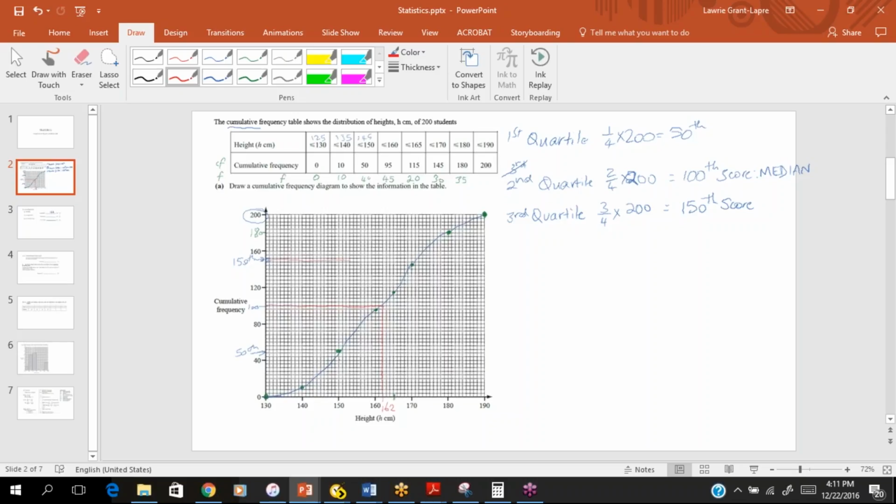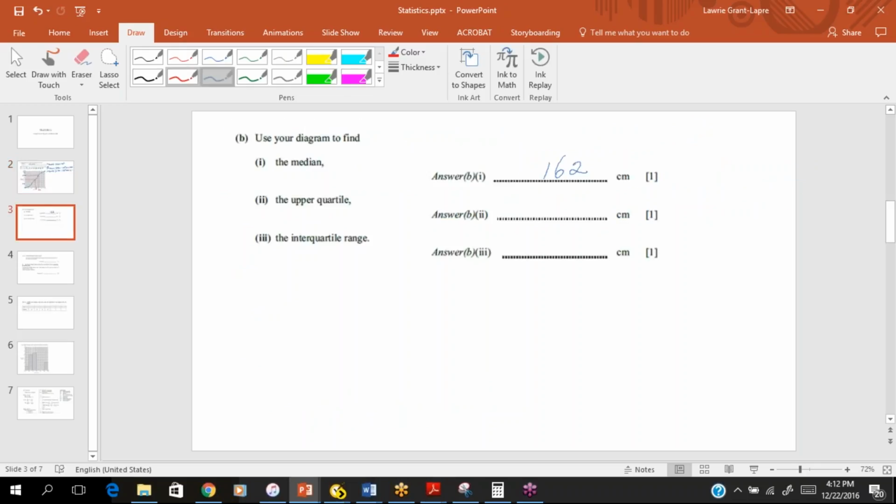You can use a ruler because you'll have one. We find where it hits the graph and then go down and read that score, 171 centimeters, and that's what we find on our graph. So 171 centimeters.